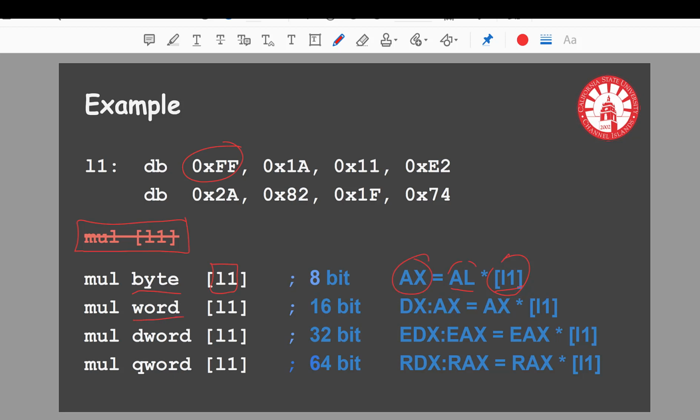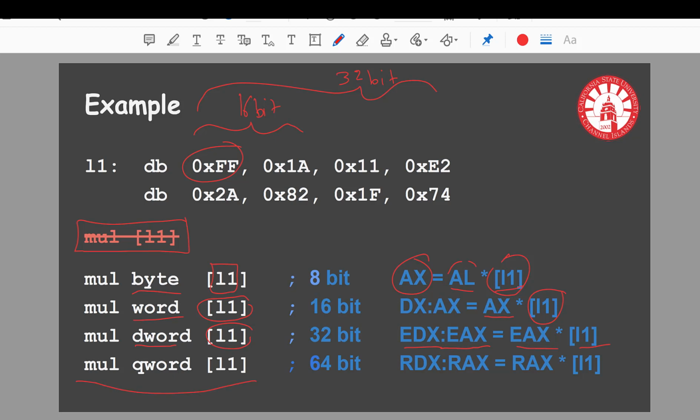If it says word, then whatever we have in L1 has to be 16-bit. Therefore, when we dereference L1 here, we take 16 bits of data, and then we multiply that with the value of AX. And if it is dword, or 32-bit, then we take 32 bits from the array, multiply that with the EAX register, and put the result in EDX and EAX.